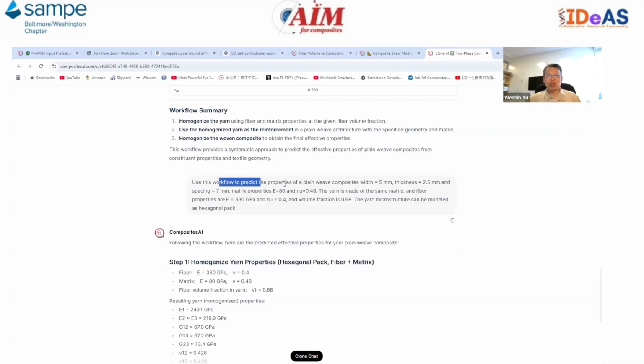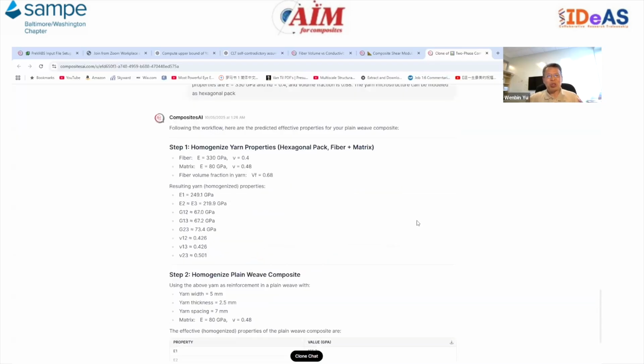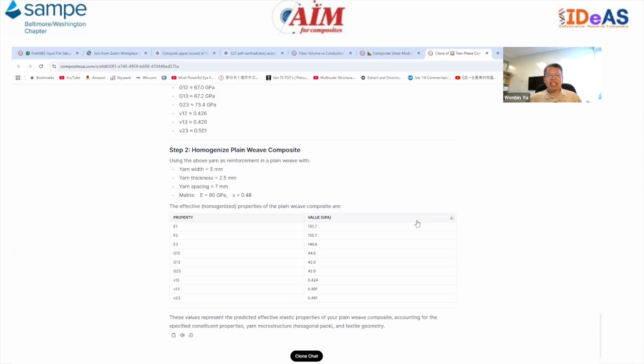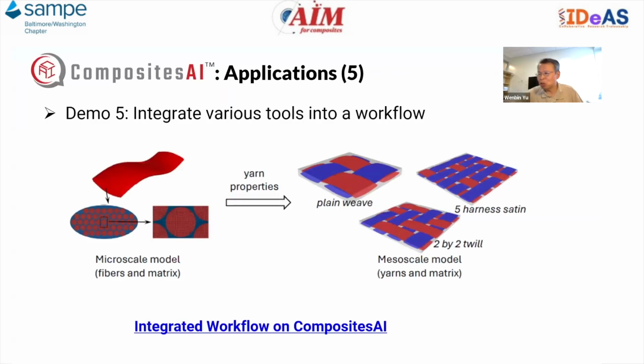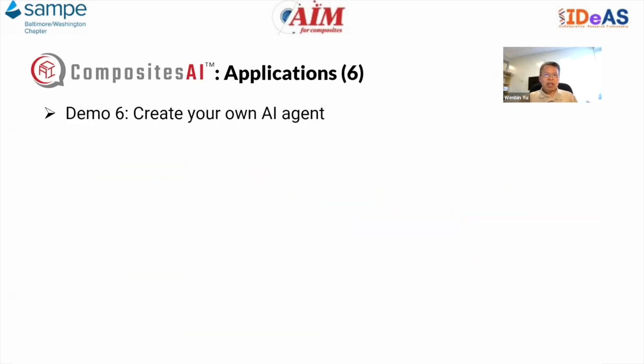I say, use this workflow to predict the property of a woven composite. I change the numbers. Then actually it will call the simulation codes and do it step by step, which is exactly what I needed. Of course, if you already have calculations, AI is supposed to be intelligent enough to recognize that and not have to rerun the physics-based simulation behind it.